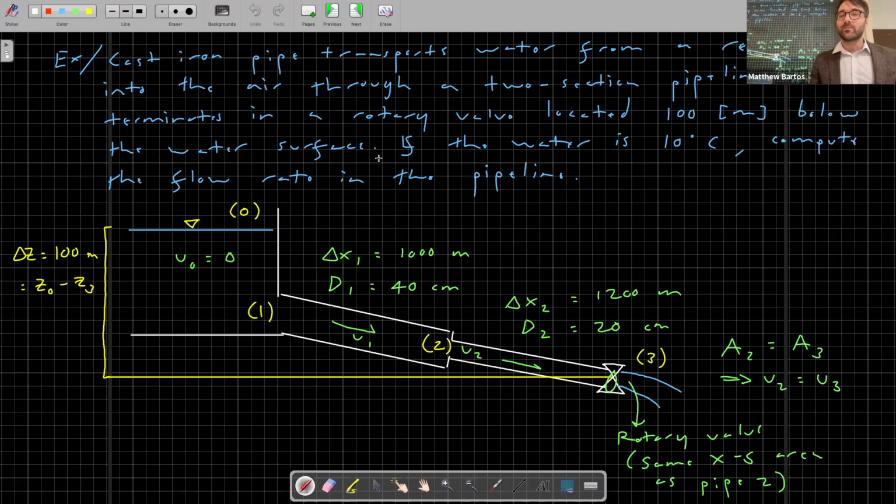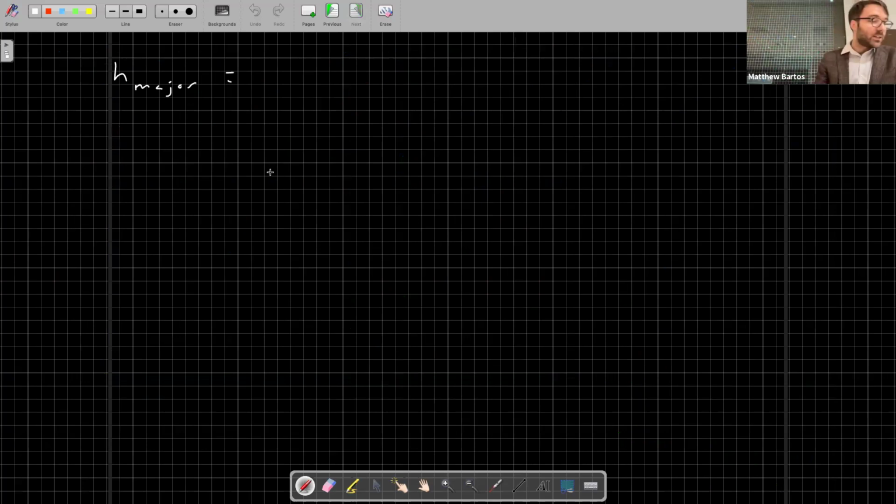So we have Darcy-Weisbach, and we have two different pipe sections. We have to apply Darcy-Weisbach to each pipe section because the velocity is going to be different in pipe 1 than it is in pipe 2. So we can write the major losses as the sum of the losses in pipe 1 plus the losses in pipe 2.